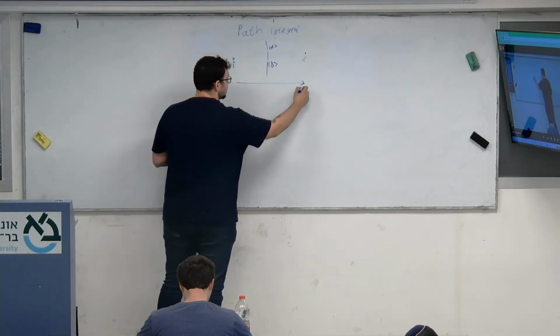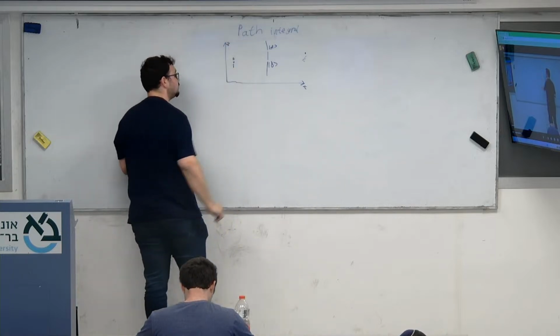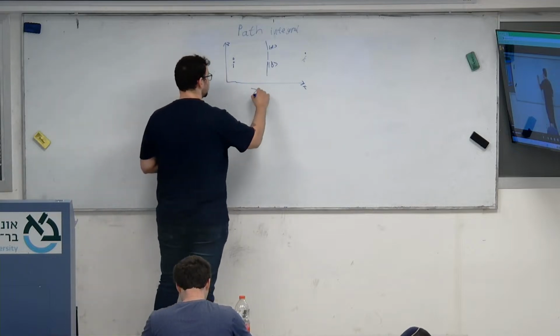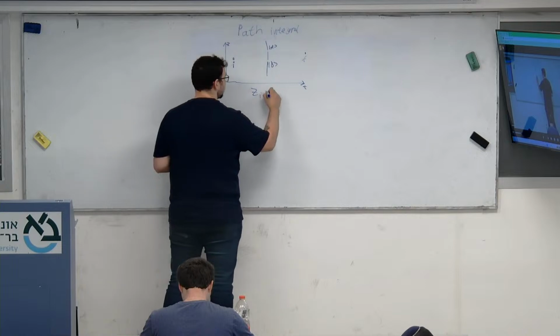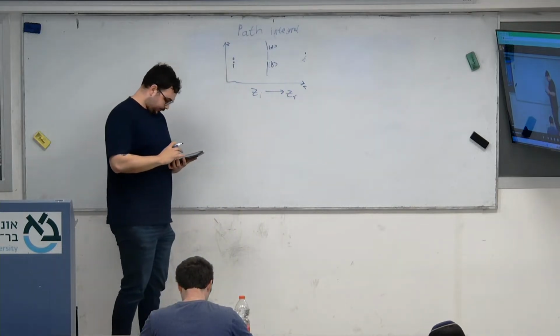I want to find the probability to move from z_i, the initial state, to z_f.